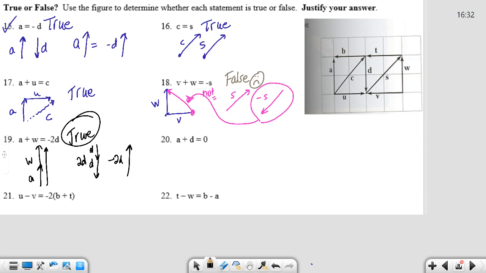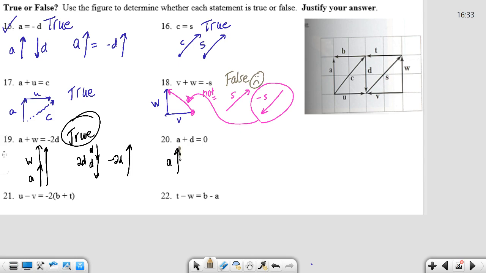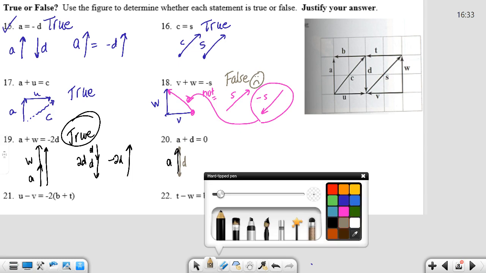All right, is a plus d equal to 0? So here's vector a. And then if I add d onto that, okay, so let me sketch d onto it. D would start at the end and travel the opposite direction, the same distance. So those would completely undo each other, right? Okay, but do you get the same thing? So that one looks like it's true, but it's not.